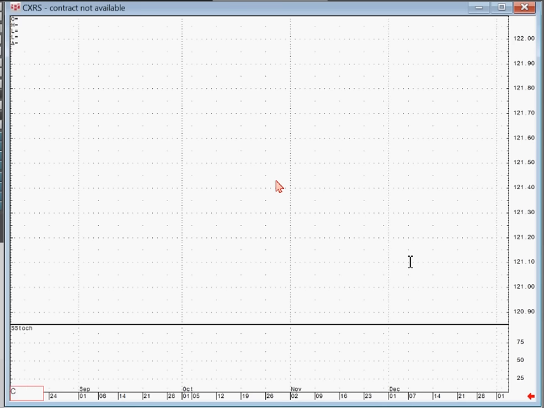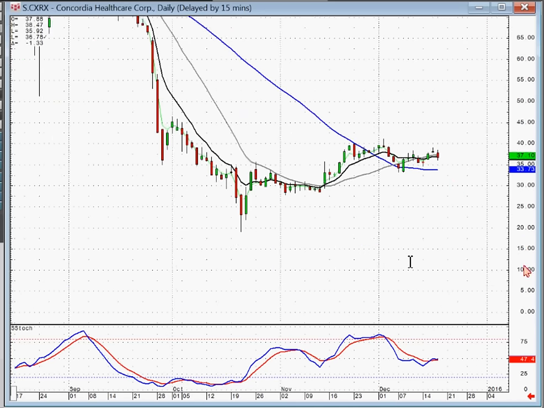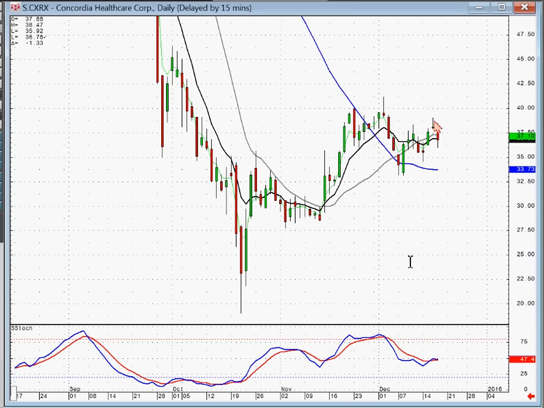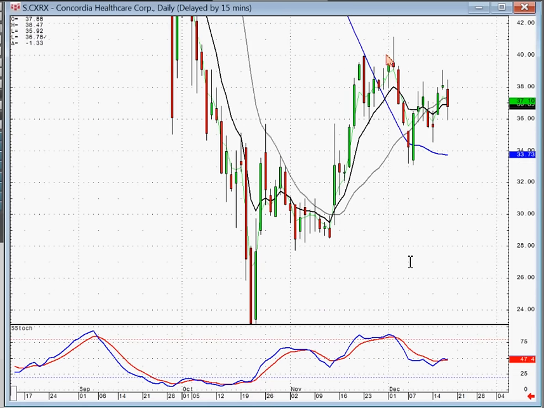You're probably looking at CXRX, which right now needed to open positive today to be a good trade. If you're long, it has to open positive because it closed right on the T line today. If it opens lower, close it out because you can see that it's junky.